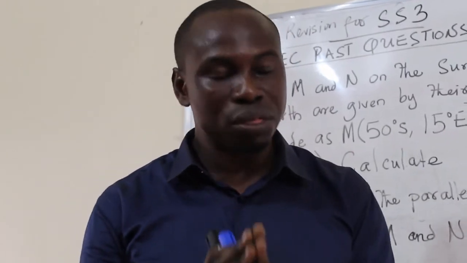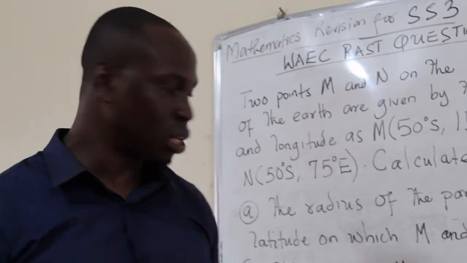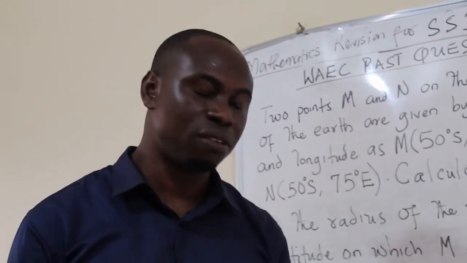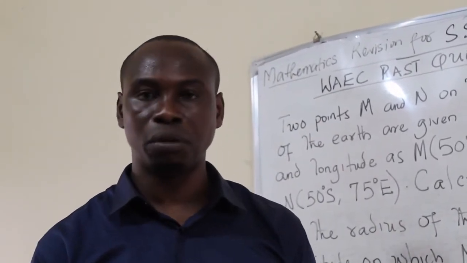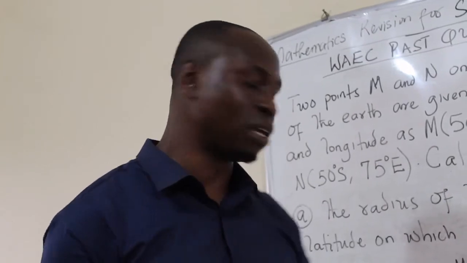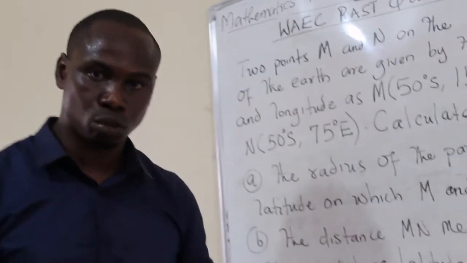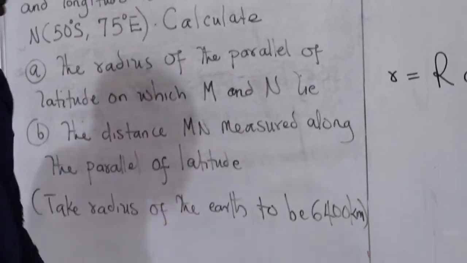Let them do their research and tell us how the radius of the Earth was found, because the Earth we know is very, very big, and it will be difficult for a person to travel around it and definitely come up with the radius. Please tell the school or tell us how the radius of the Earth was found to be 6,400. But in this particular case, it was given to us as 6,400. So I'm going to use that in solving the question.